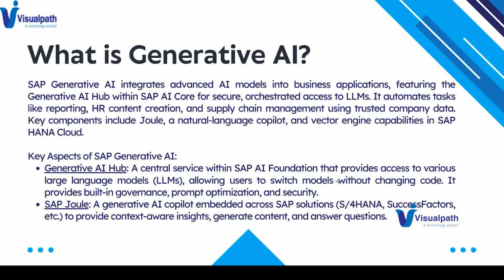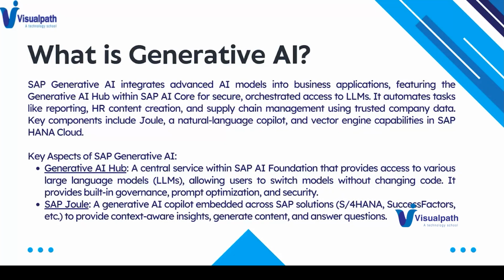Generative AI integrates advanced AI models into business applications, featuring the generative AI hub within SAP AI Core for secure, orchestrated access to LLMs. It automates tasks like reporting, HR content creation, and supply chain management using trusted company data. Key components include Joule, a natural language copilot, and vector engine capabilities in SAP HANA Cloud.